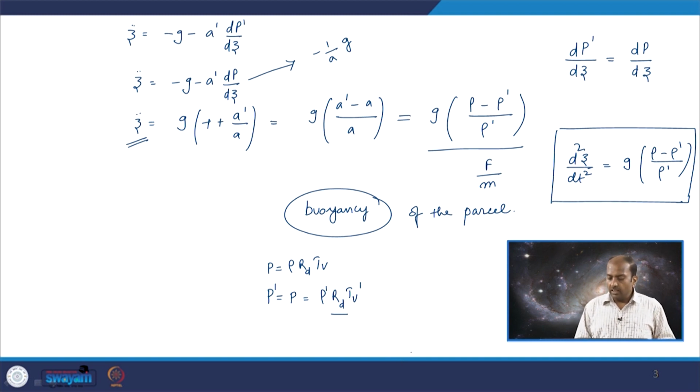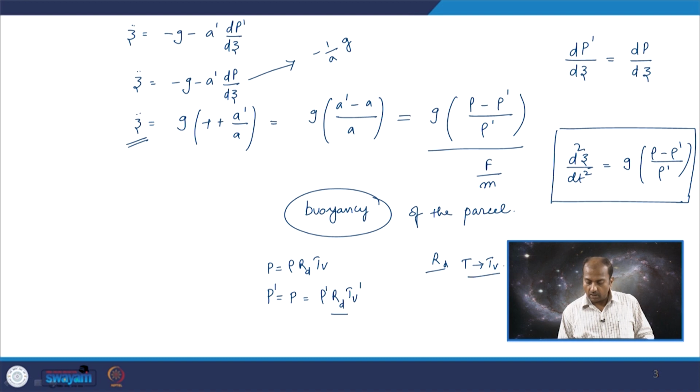Ideally, if I want to write the equation in terms of temperature, then depending on the temperature and the density of the gas inside the parcel and outside the air parcel, the gas constant R should be different. So, in order to use the same gas constant, I replace the temperature with the virtual temperature.